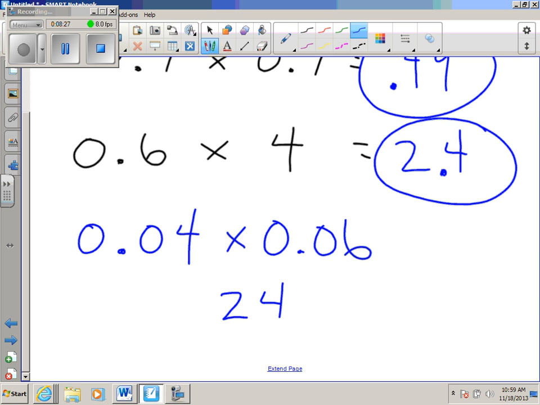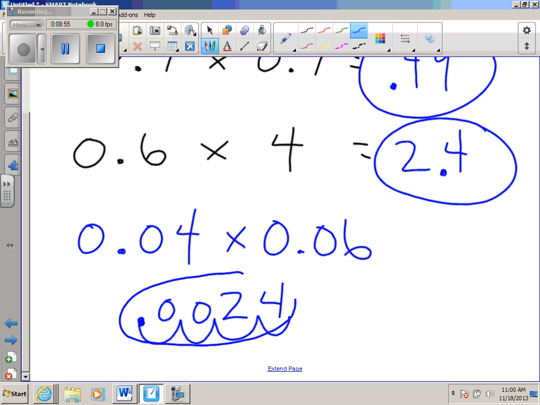But this one has how many combined decimal places? Liam, 4. So I'll need to move. That's where my decimal starts. 1, 2, 3, 4. How many extra spaces are there for zeros there, Dekayla? 2. So 0.0024 would be what we're looking for there.